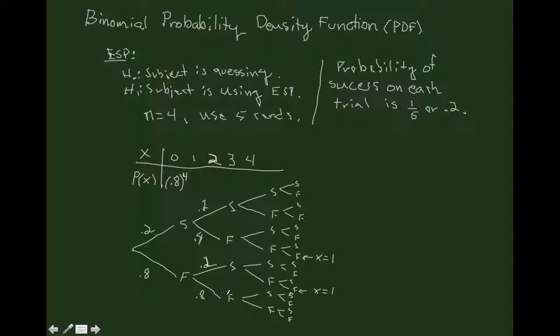Or we could have 2 failures, a success, and then a failure. Or we could have three failures and then a success. So what we see are there are 4 branches on the tree that correspond to having a single success.